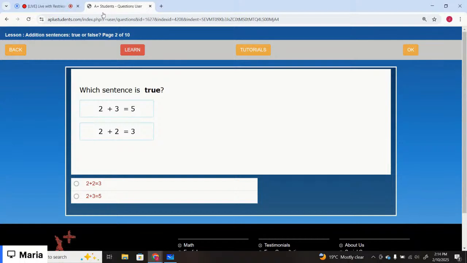When you add 2 plus 3 makes 5, but 2 plus 2 is not 3. Option 1 is true. The second one is false. 2 plus 3 equals 5, that is option 2, right? Here this is the first one, but option number 2 is the correct option.